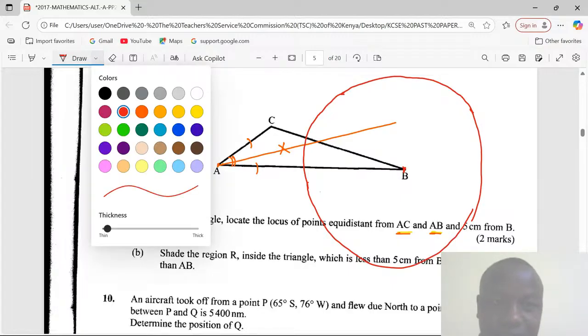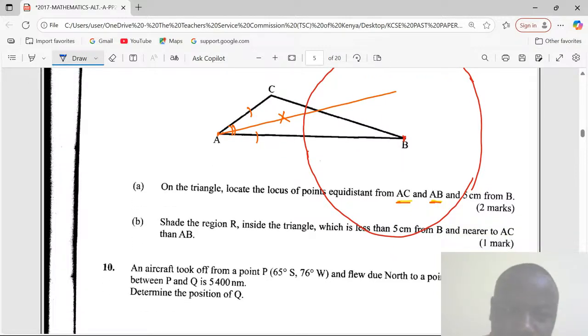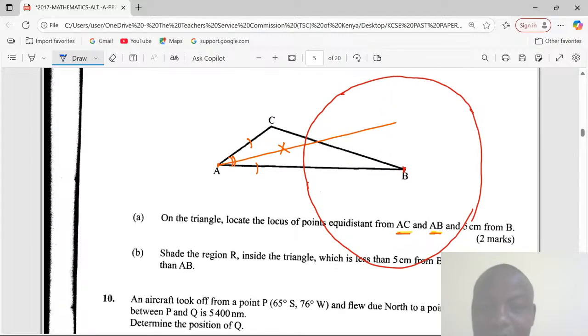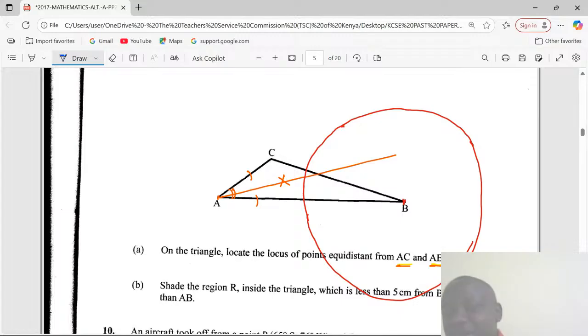Now with that, we can get to part B, the inequalities part. Shade region R inside the circle, which is less than 5 centimeters from B and nearer to AC than AB. When we say less than 5 centimeters from B, it means the inner side of the circle, because beyond the circle it's more than 5 centimeters.